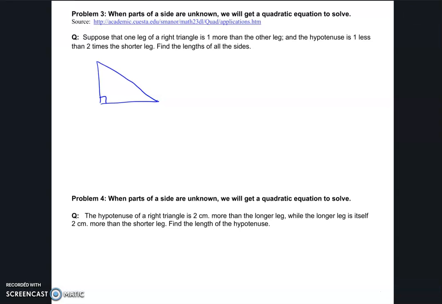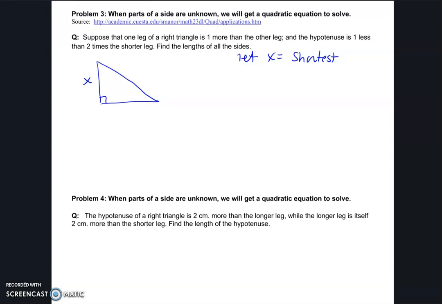One leg is one more than the other leg. The hypotenuse is one less than 2 times the shorter leg. Find the lengths of all the sides. I'm going to call the shortest side x, and then relate everything else to that.